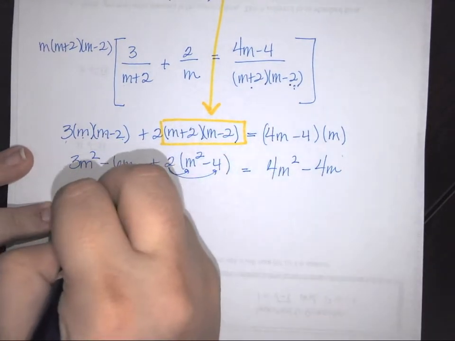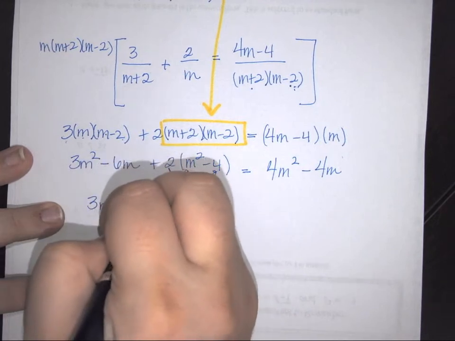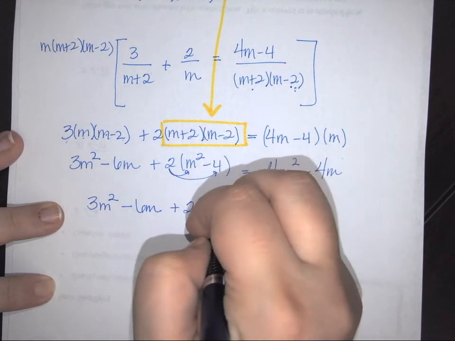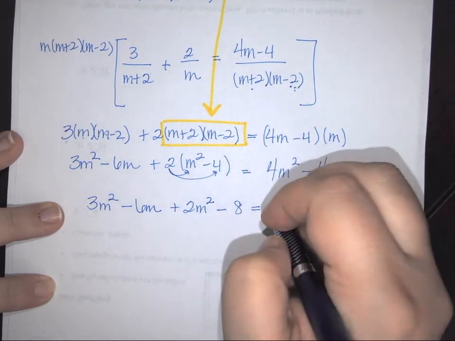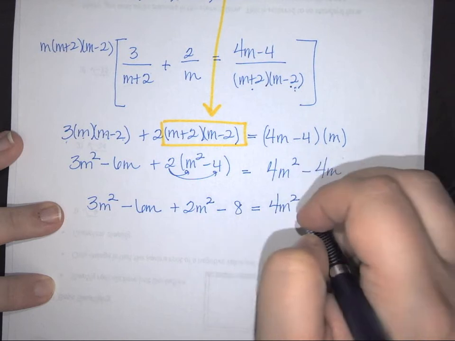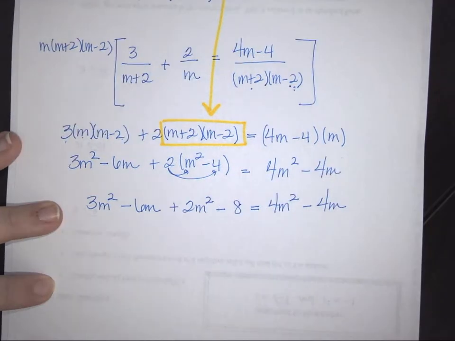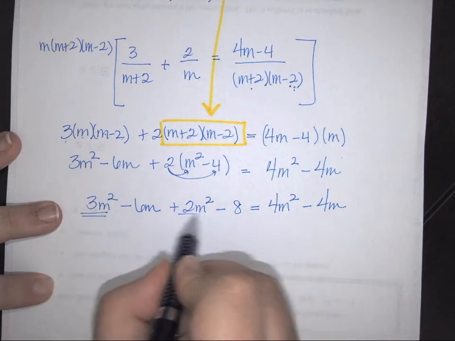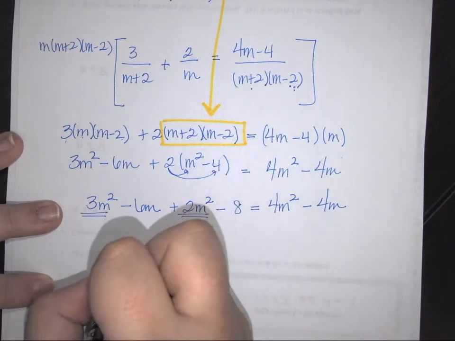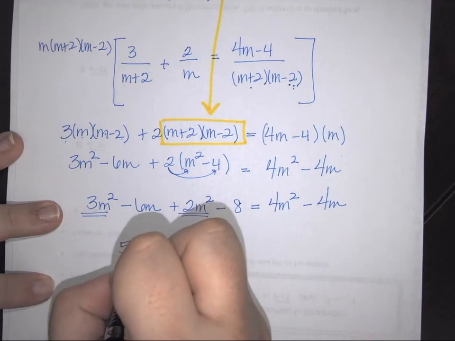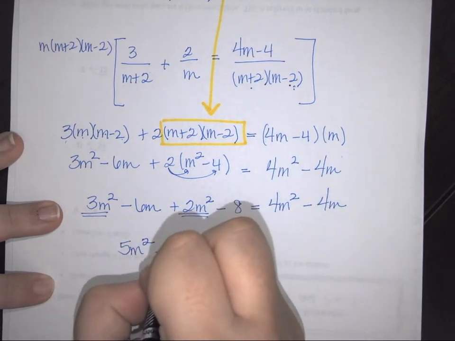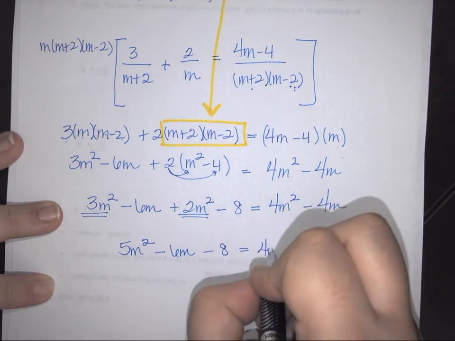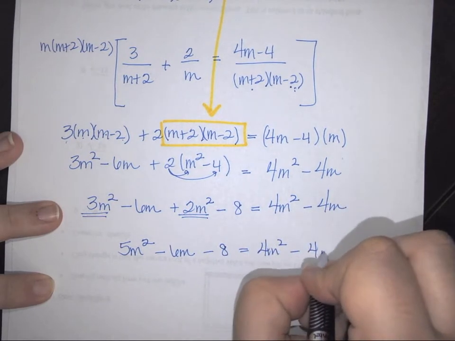So this is 3m squared minus 6m plus 2m squared minus 8 is equal to 4m squared minus 4m. Combine my terms. I have 3m squared plus a 2m squared gives me 5m squared minus 6m minus 8 equals 4m squared minus 4m.